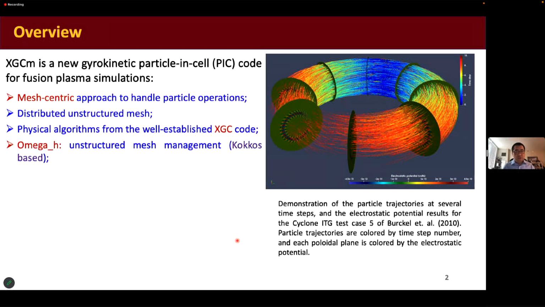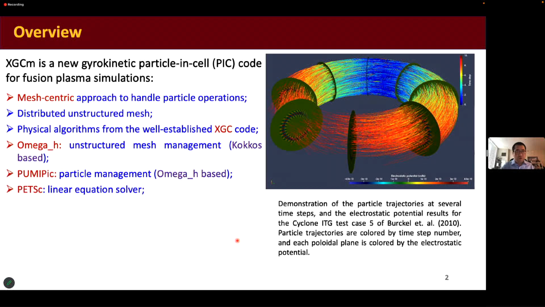In terms of libraries, XGCm depends on several. First is the Omega H library, a Kokkos-based library for unstructured mesh management. Then the PUMIPic library, which is used for particle management and is Omega H based. Finally, PETSc is used for the linear equation solver, which can interface with both CPU and GPU.